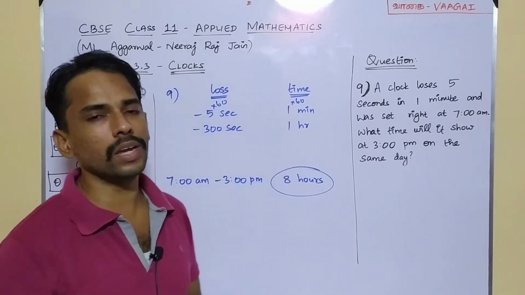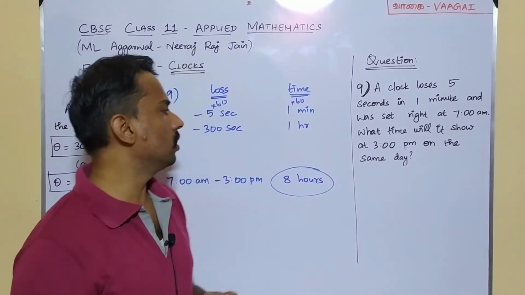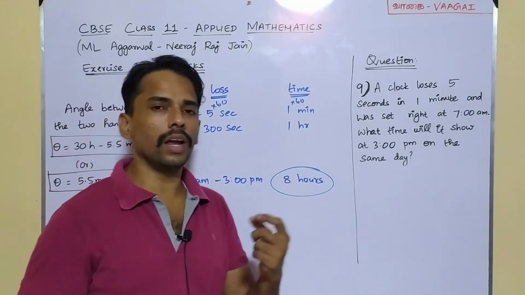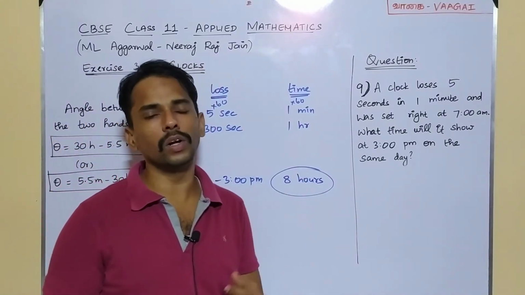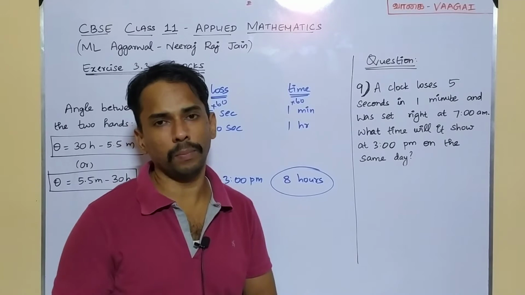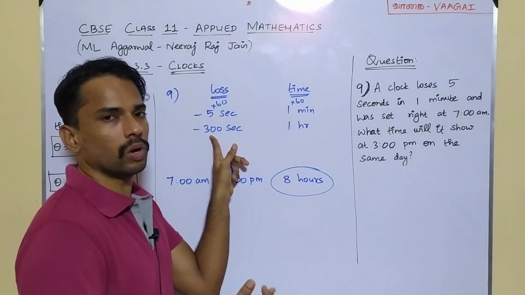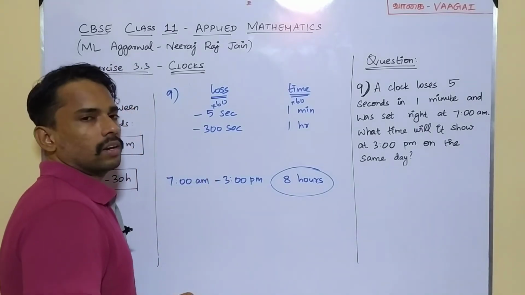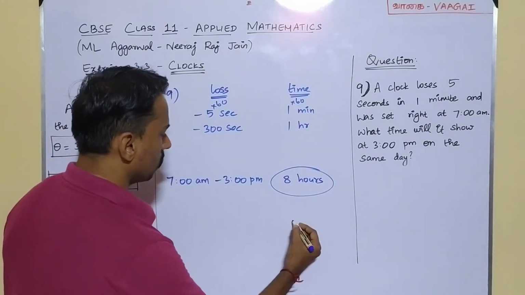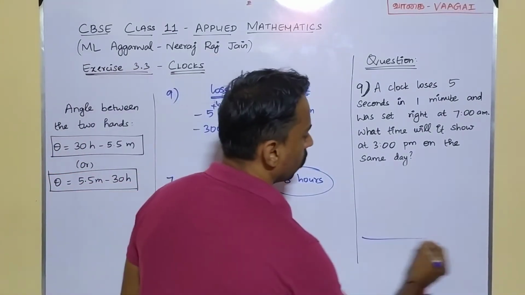So what do you mean by this 300 seconds actually? If you turn 300 seconds into minutes, what will happen? To convert 300 seconds into minutes, we have to divide this 300 by 60. Okay, I've got more space here.